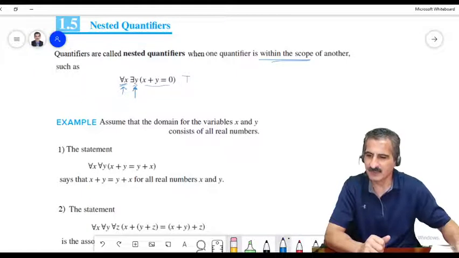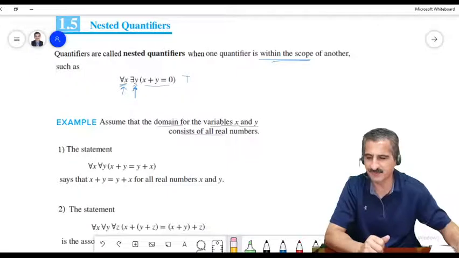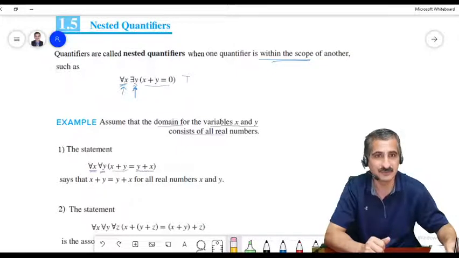Now in these examples we will take x and y to be real numbers. So the domain consists of all real numbers. Let's see this one. It says for every x and for every y, x plus y equals y plus x. And we know this is true.